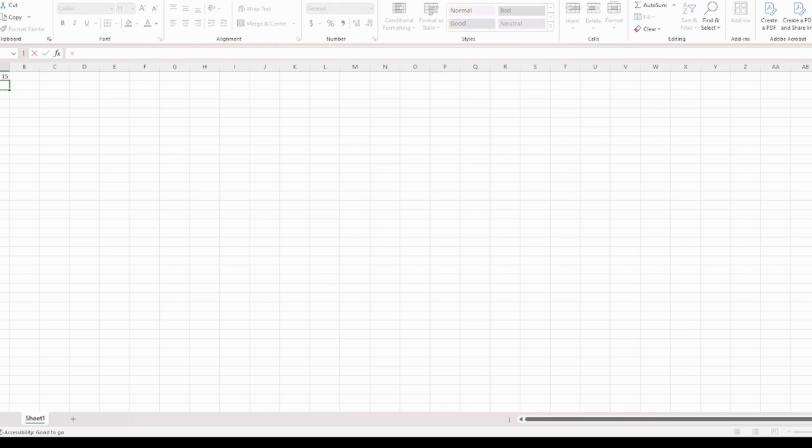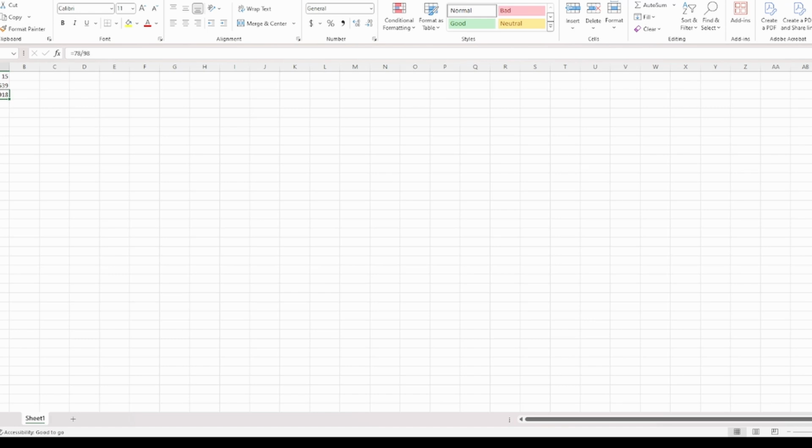I can type 51 times 89. The asterisk is the multiplication sign. I can do 78 divided by 98, and it will give me a fraction.